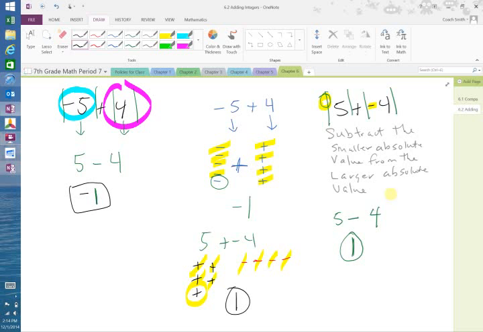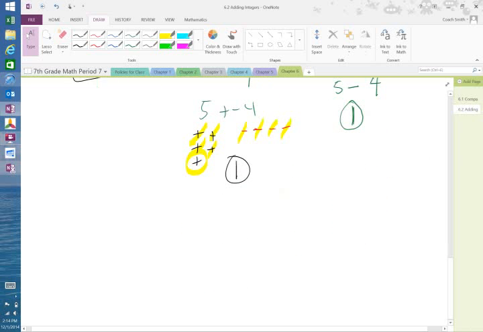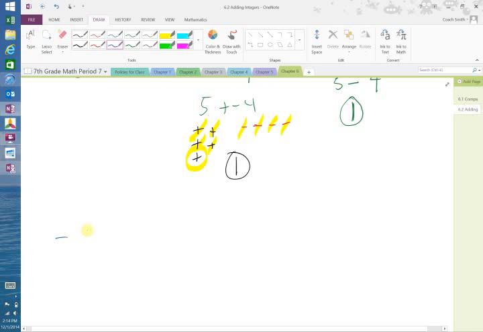Okay, let's look at another example. -9 plus 2. Okay, another way that you can look at this, for the positive and negative adding together, is this way.